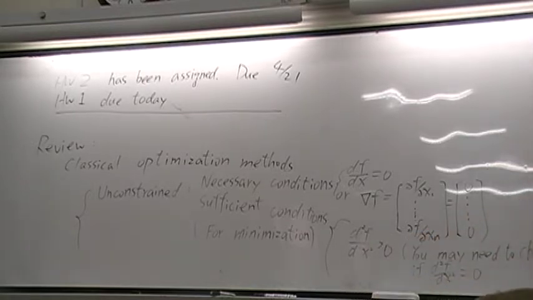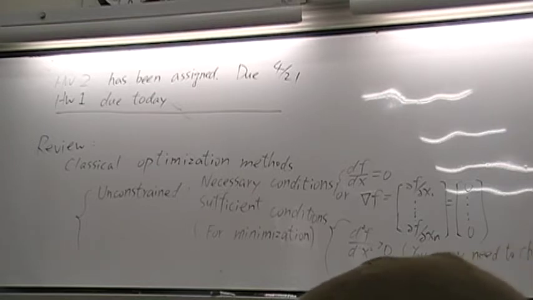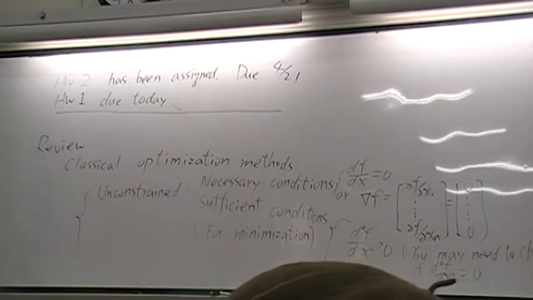But if n is an odd number, then we know that the point we have found is neither a minimum nor a maximum. Okay, so I need to repeat a little bit.